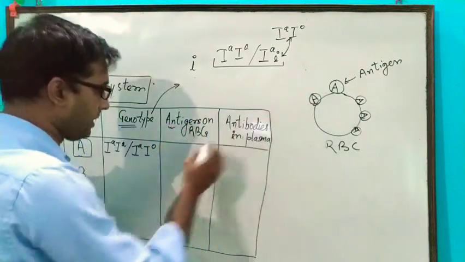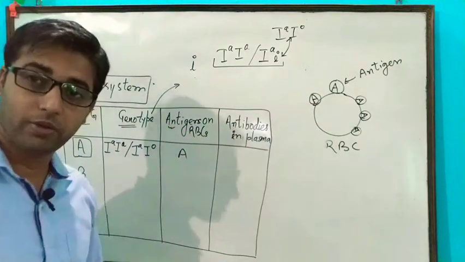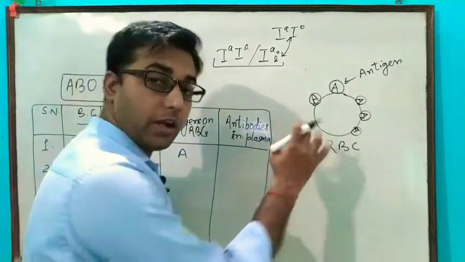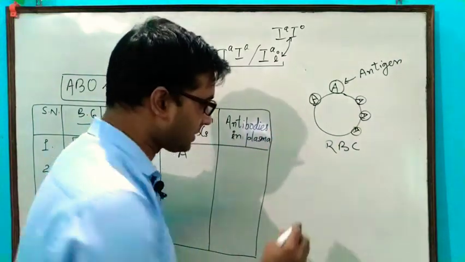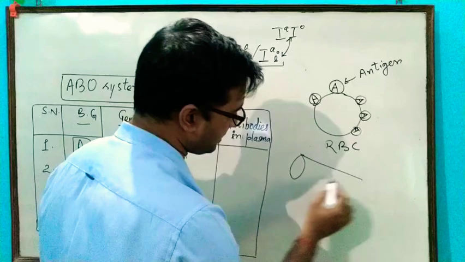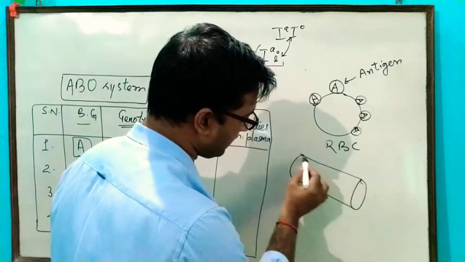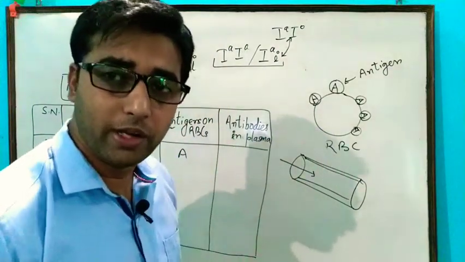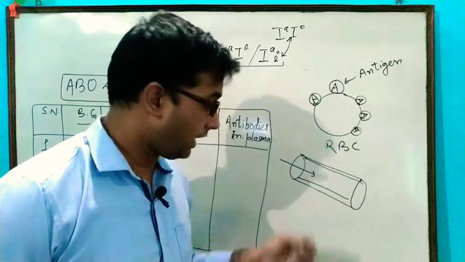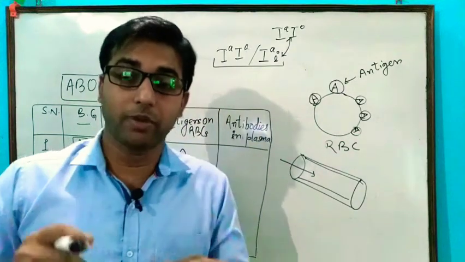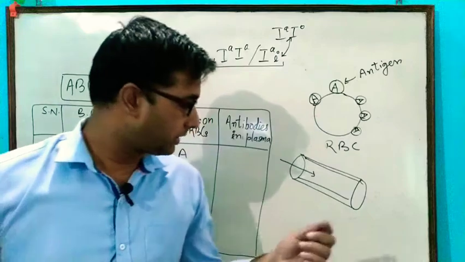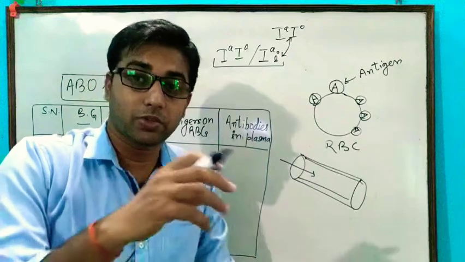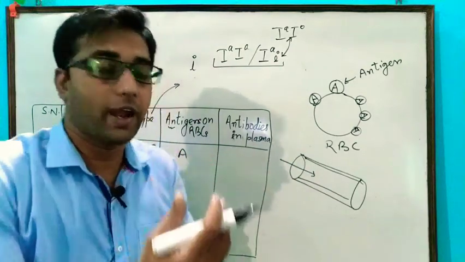The antigen on the RBC is A. The RBC surface carries A antigen, and cannot carry B antigen. Now consider that this is a blood vessel on which RBCs are moving frequently, meaning blood is moving frequently, and this particular system, let us consider myself, Ravikant, contains blood group A. In my veins, the blood which flows has A antigen.